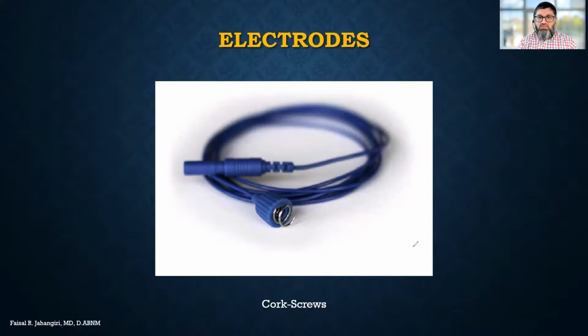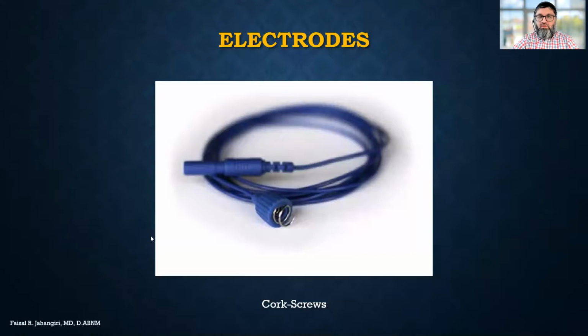When the current is moving, it has less resistance compared to a needle electrode. The needle has the highest impedance, because all the current is moving from one tip, as compared to the surface, adhesive electrode we saw first, and these corkscrews, because of the bigger area. If they are placed correctly, they have much lower impedance and less chance of burns during the surgical procedure.